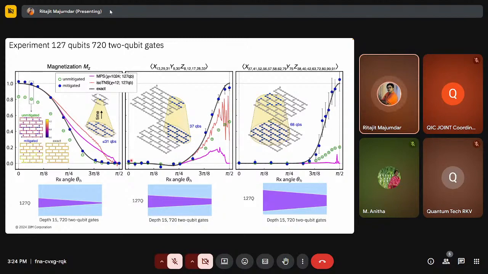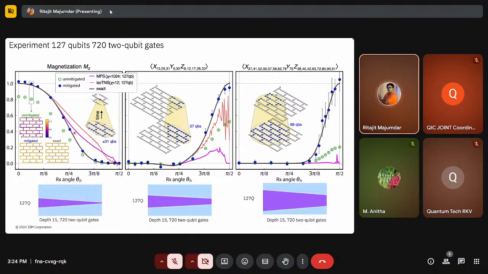We made our system even bigger. Here is the same experiment. We see that the blue line is the result from the quantum computer, and this is the result from the approximate classical methods.